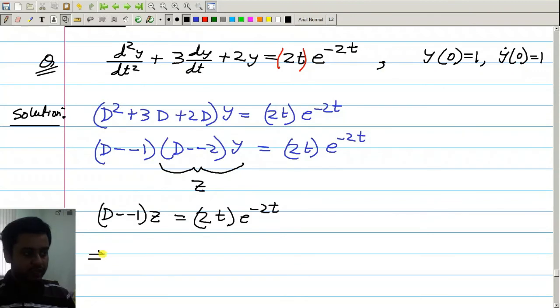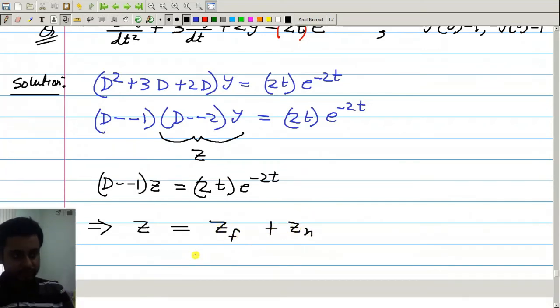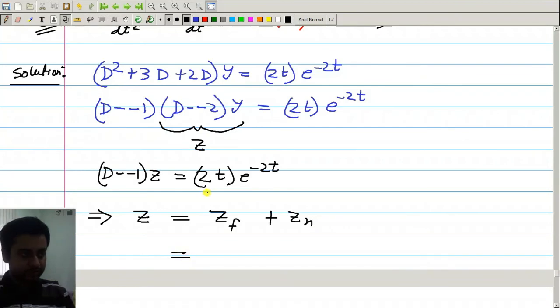which will imply that a solution of z is given like this. Where this part will be e to the power minus 2t multiplied by a polynomial of same degree as this polynomial.